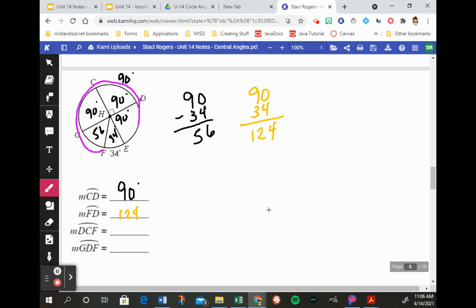DCF. I'm going to take away the 124 from 360. Why would I do that? Well, 134 and 124 is what's left over. So that's 256.